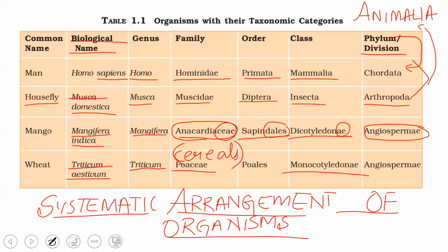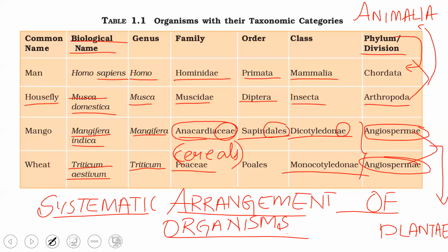But they belong to the same division because Angiospermae is nothing but the flowering plants, and these two belong to the kingdom Plantae. So this is the systematic arrangement of taxonomic categories based on the examples given.